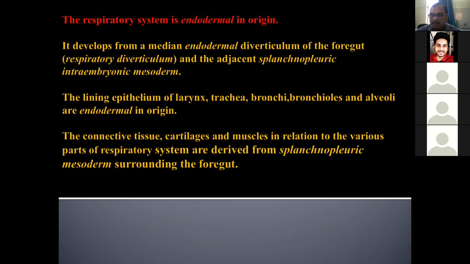Larynx, trachea, bronchi, bronchioles, and alveoli all develop from the respiratory diverticulum, whereas the connective tissue, cartilages, and muscles in close association with the respiratory system develop from splanchnopleuric mesoderm.